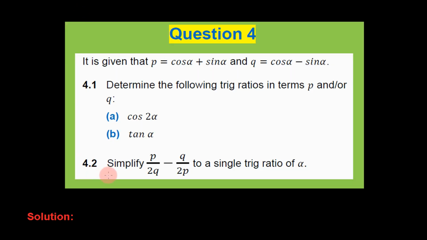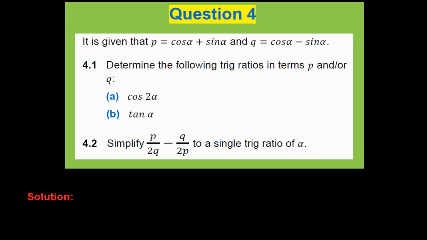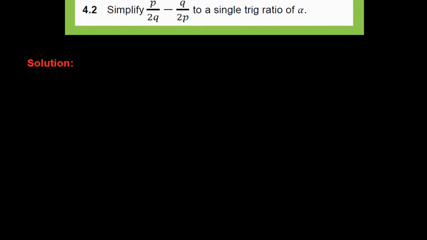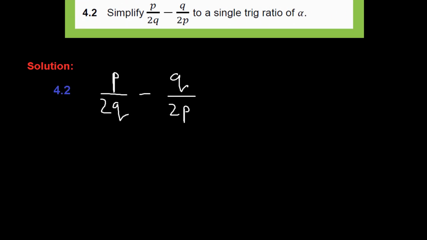Let's look at 4.2. It says simplify P over 2Q minus Q over 2P to a single trig ratio of alpha. Now, we can start by writing these two fractions as one fraction.